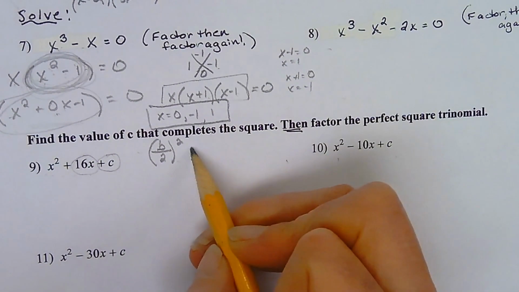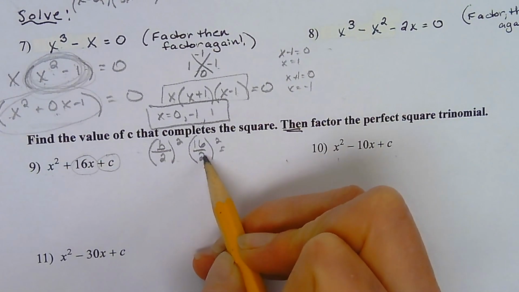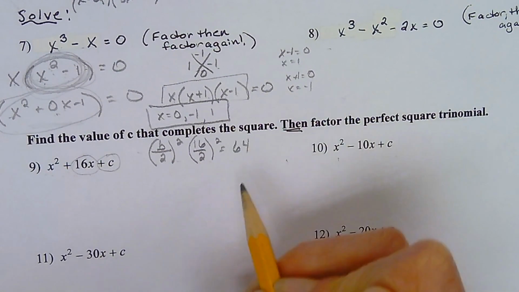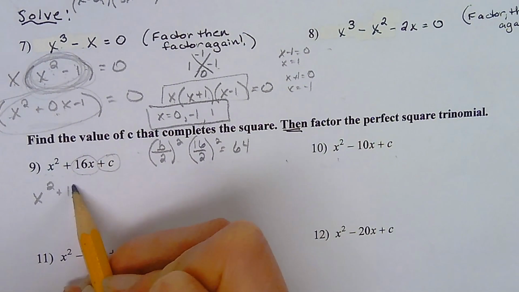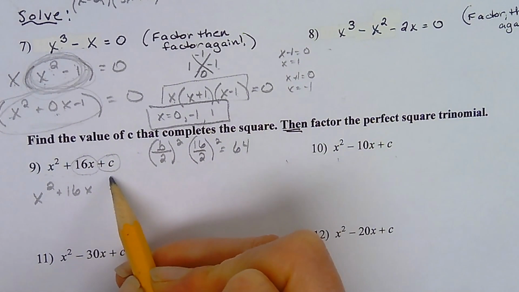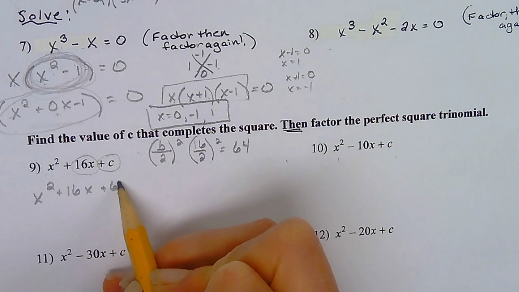So if I take 16 and divide it by 2 and square it, I get 8 squared, which is 64. So my perfect square trinomial is x squared plus 16x, and the value for C that makes this a perfect square trinomial will be plus 64.